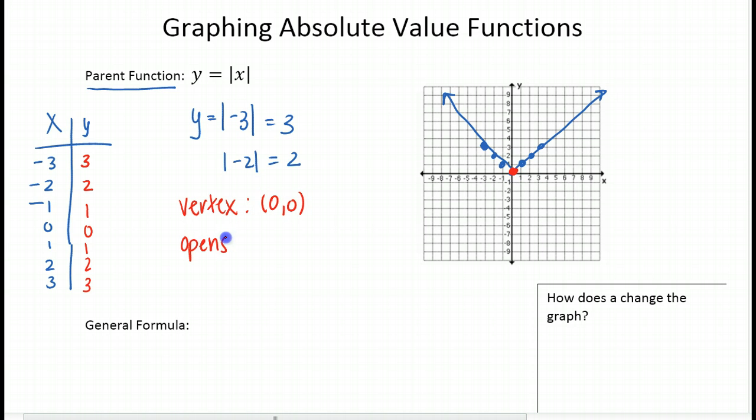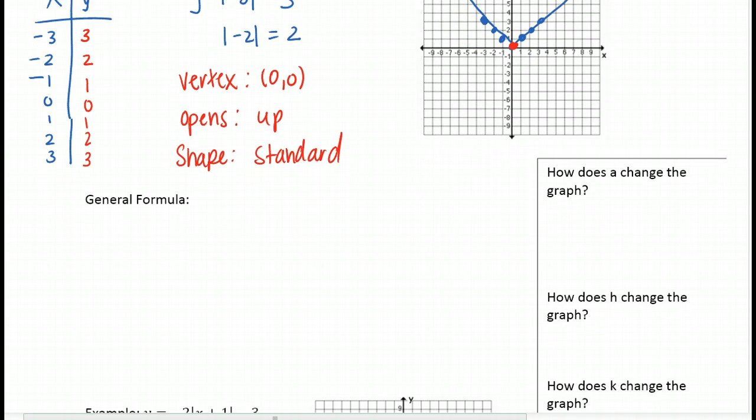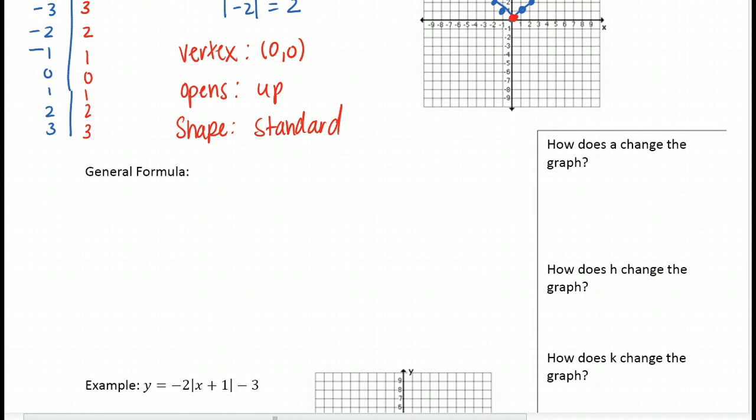We care about how it opens. In this case, it's opening up. And we call the shape here standard. And we'll go more into that in a little bit. So the general formula for an absolute value function is y equals a times the absolute value of x minus h plus k.